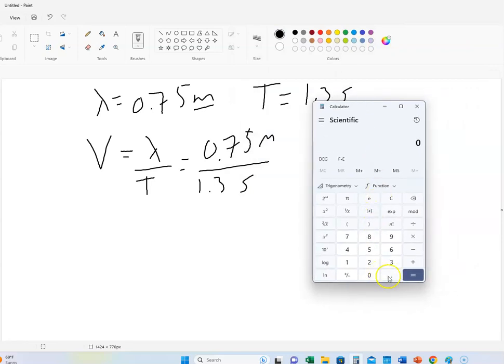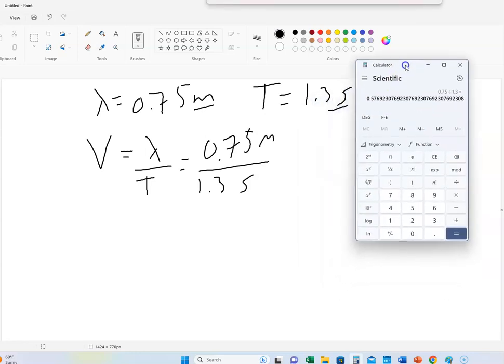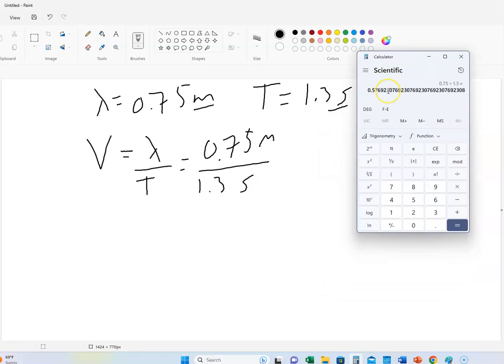It's 0.75 divided by 1.3. The velocity of this wave, rounded to 2 places past the decimal, is 0.58, because it's 0.576, and if the third digit is greater than 5, we round up.